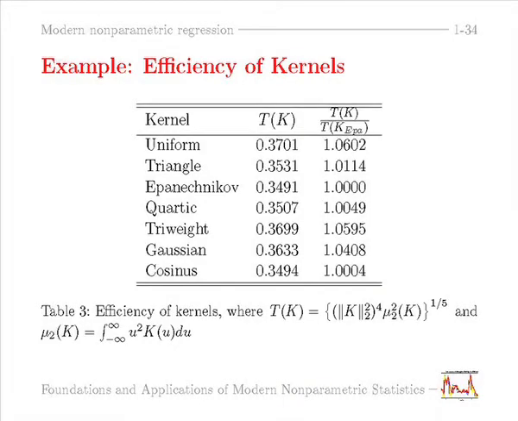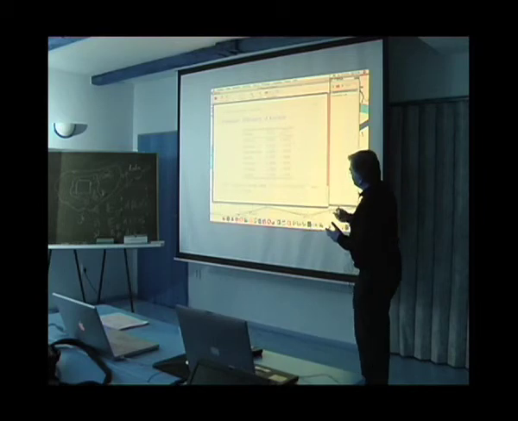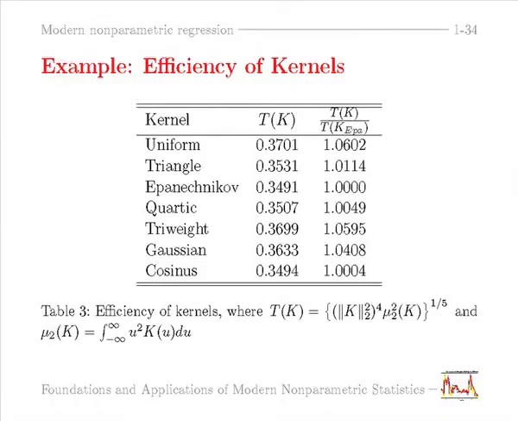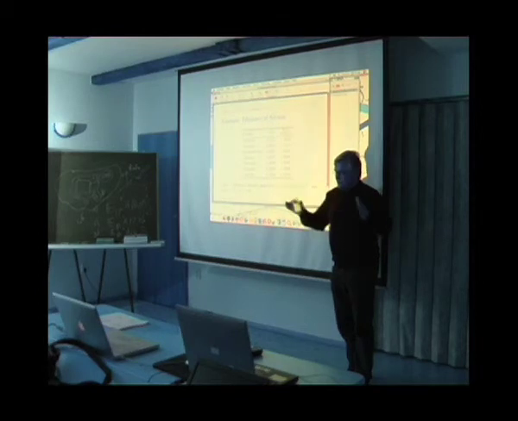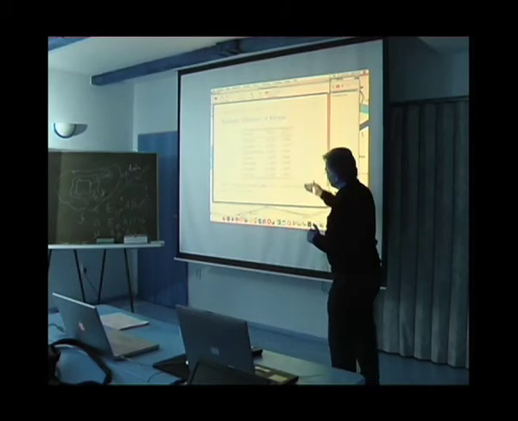But the bottom line of choosing the kernel is this table that says, actually it does not really matter which localizing shape you use. The more important thing is the size of the neighborhood by which you localize. That's in this table.